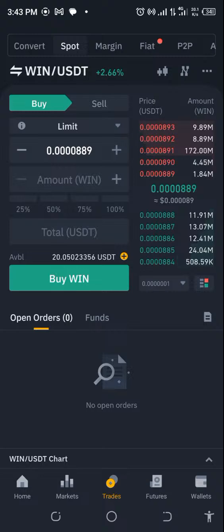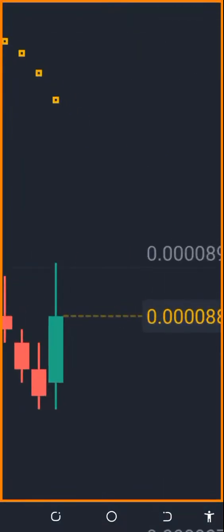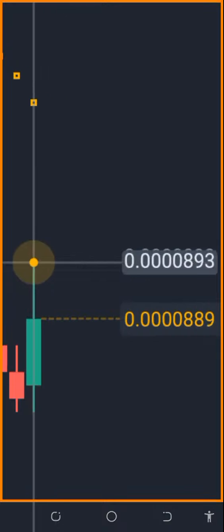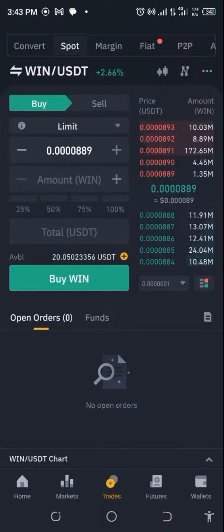So I could decide to do this again or just look for another opportunity. The most important thing here, like I always tell you, is that it was just because I wasn't attentive. If I was attentive, I would have gotten it sold at this higher price. Let me check the price. I could have made maybe 8 cents instead of this 5 cents.